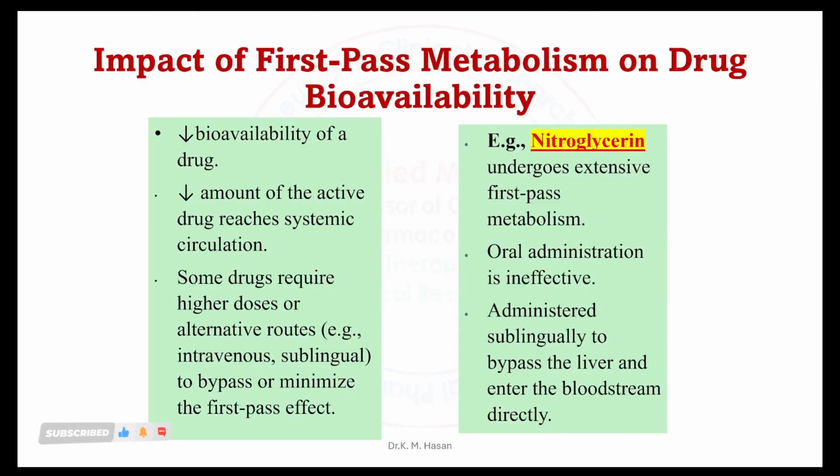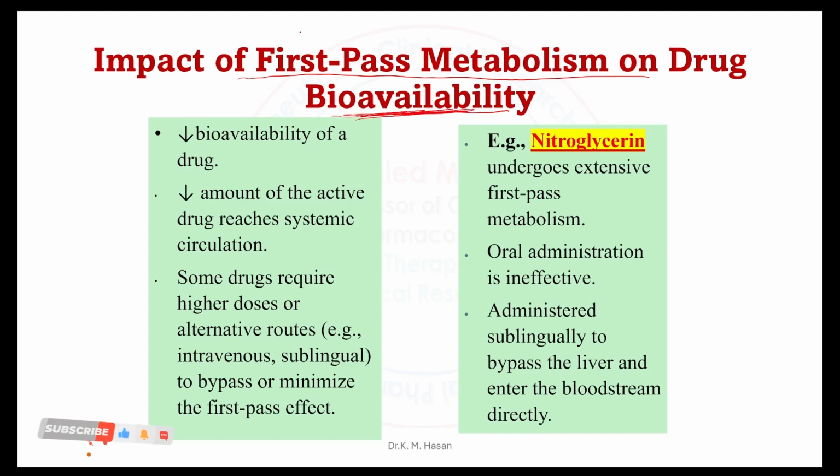Okay, this slide here emphasizes an important concept. Number one, they study the effect of first pass metabolism on the drug bioavailability, and we have the definition for bioavailability already. Bioavailability is the proportion, the percentage, of the medication that arrives to the bloodstream in unchanged form.